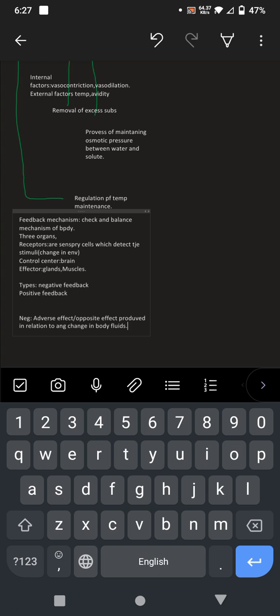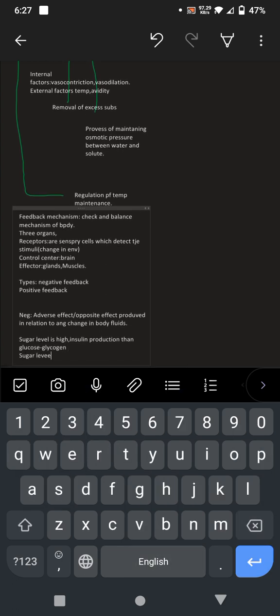Okay, so we can take the example of the sugar level of sugar patients. When their sugar level is high, insulin production will take place through the pancreas, and then glucose will be broken down into glycogen, and the sugar level will get to its normal state.